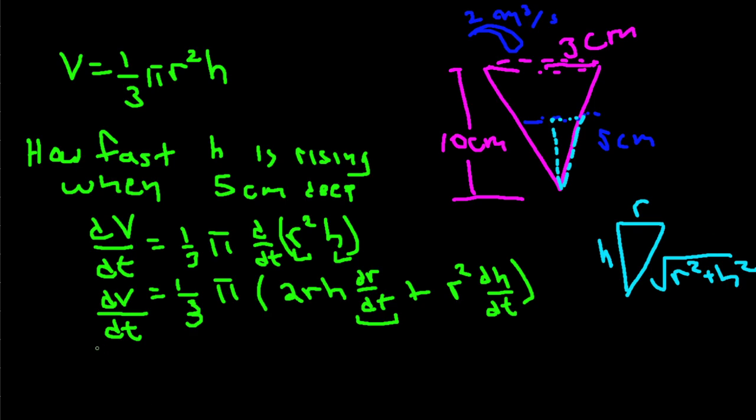We can definitely find r and h. We can find r squared. We're trying to find this, and we have this as an unknown.